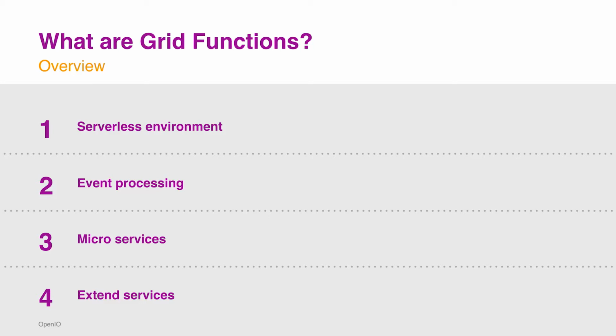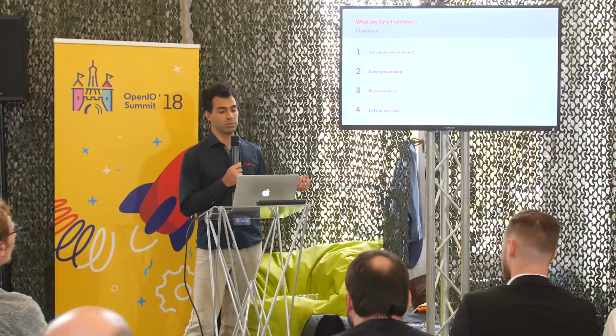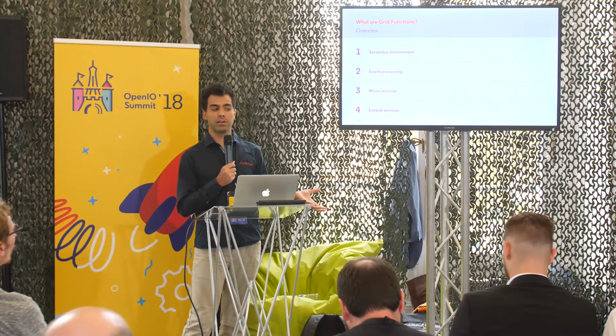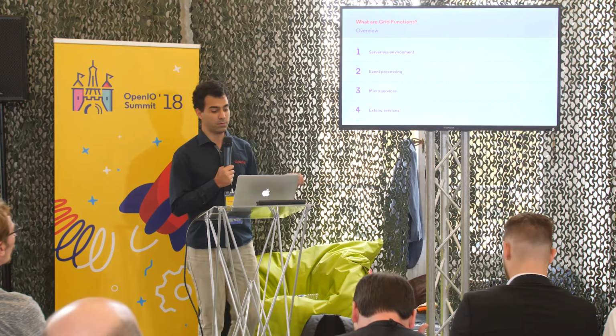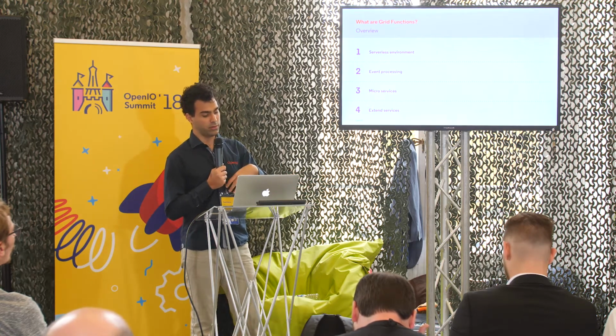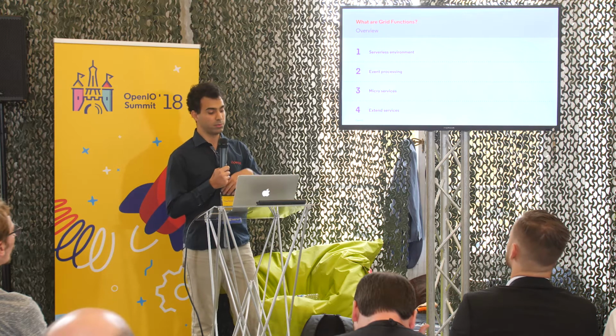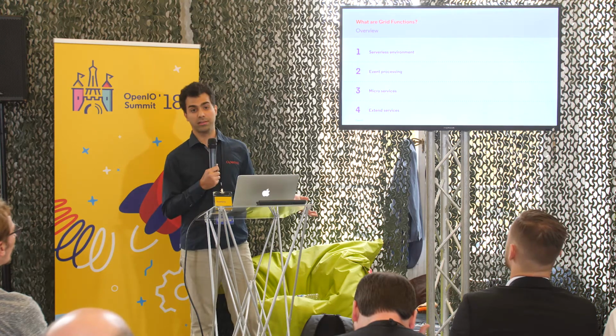So what are Grid Functions? First point is it's serverless. What serverless really means is you don't manage the hardware, of course, and you don't manage the host, so you don't really know where the code is running. You don't care from the developer perspective. You just ask the system, please run my code somewhere and try to scale it automatically.